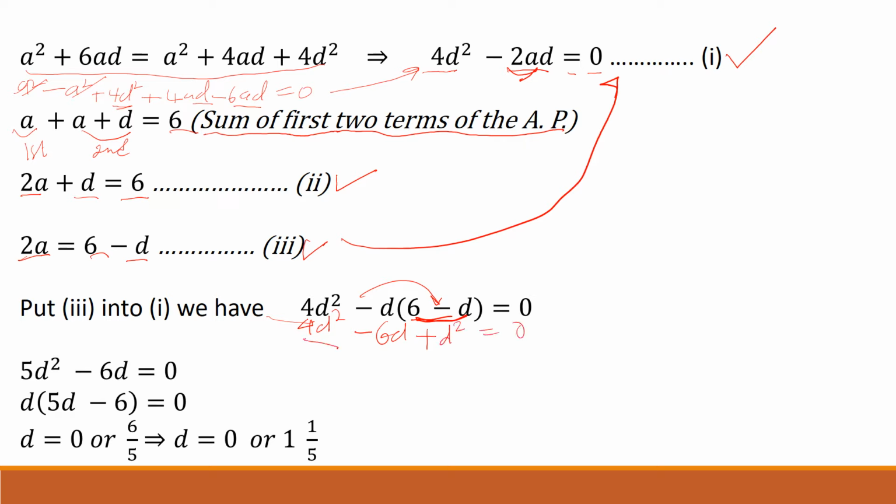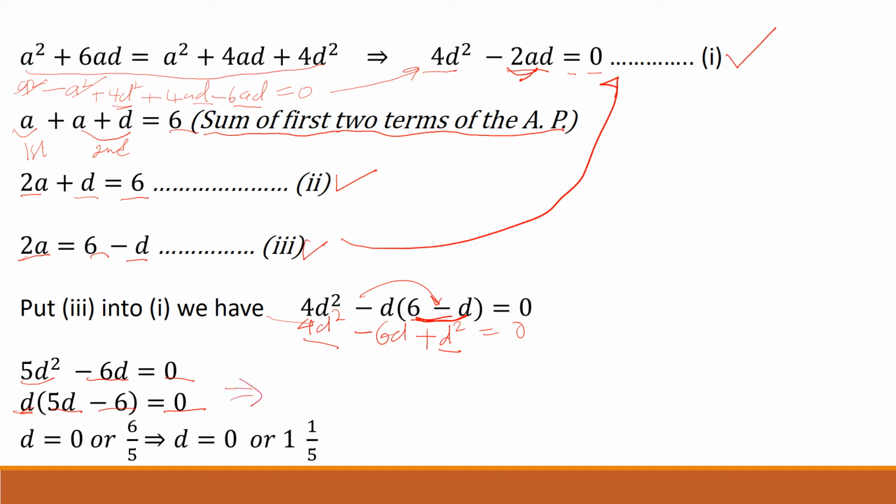So 4D squared plus D squared gives us 5D squared, and then we have minus 6D remaining here, all equals to 0. So we factor D out and we have D times 5D minus 6 equals 0.